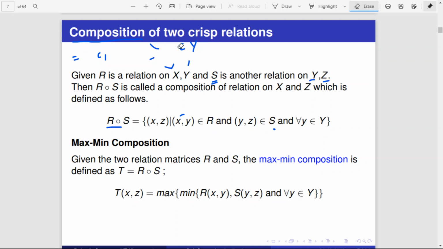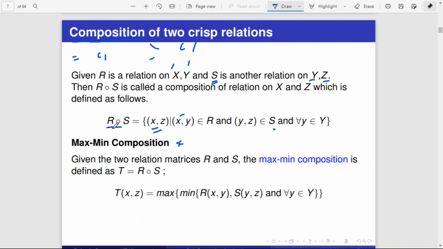So that's what we are going to discuss now. But this is how we officially define composition. Just remember, the composition of two relations R and S is nothing but x comma z such that x comma y belongs to R and y comma z belongs to S.